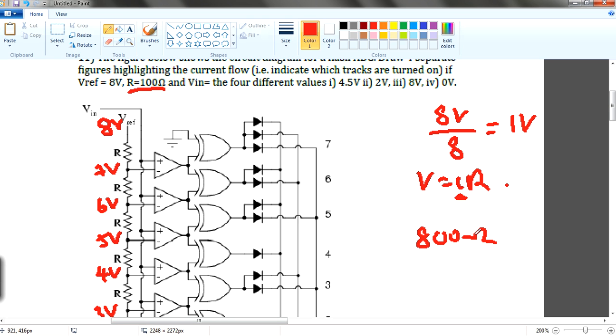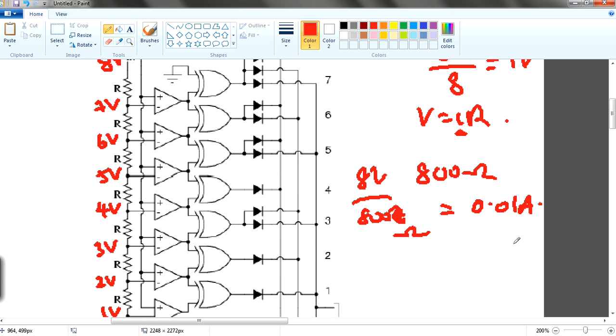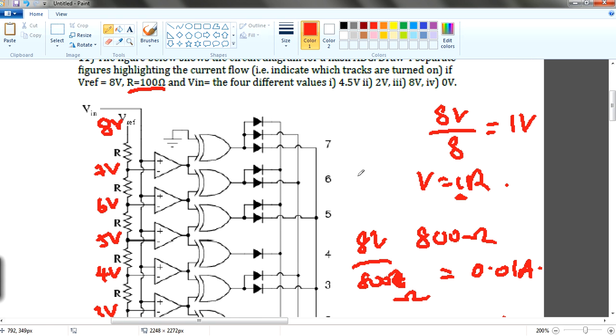You have a total voltage of 8 volts. If you divide, you will have 0.01 ampere. If you multiply 0.01 ampere with one resistance of 100 ohm, you will have 1 volt. So this is how it is derived.